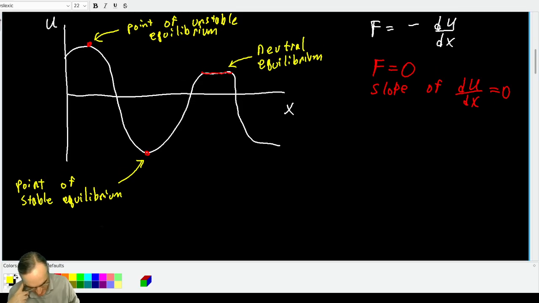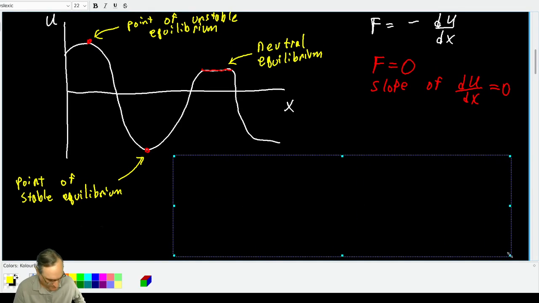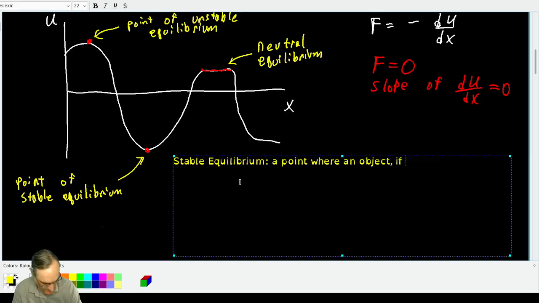All right, let me define those a bit more carefully for you now. Stable equilibrium is a point where an object, if bumped slightly, will return to its original position.